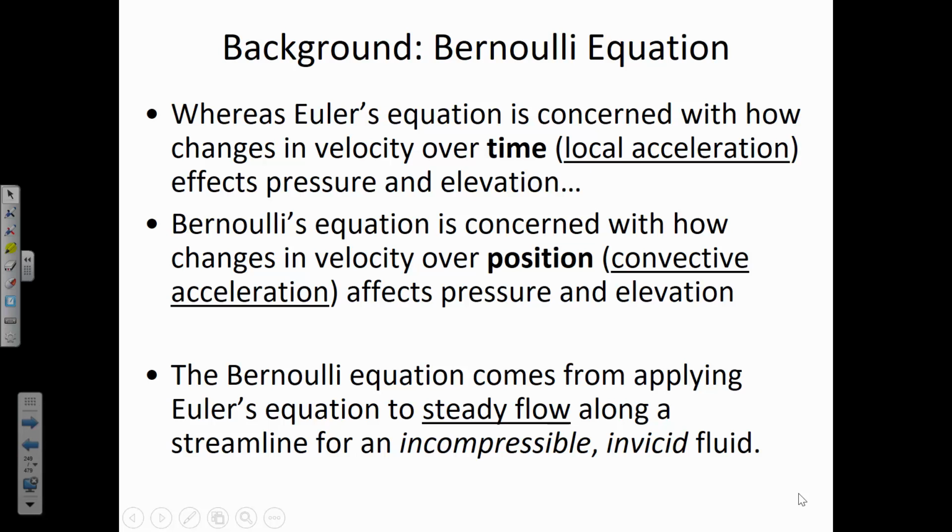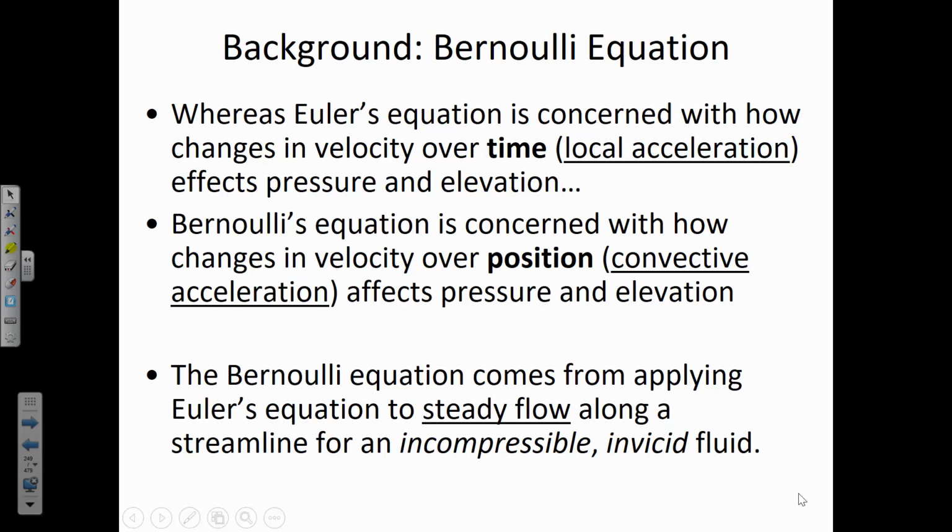Now there are a couple of assumptions and limitations that apply to Bernoulli's equation. Number one, this is applied when we have steady flow. So in other words, Bernoulli's equation is for non-uniform conditions, but we're assuming that there isn't also simultaneously unsteady conditions, meaning that the velocity is changing with respect to time.